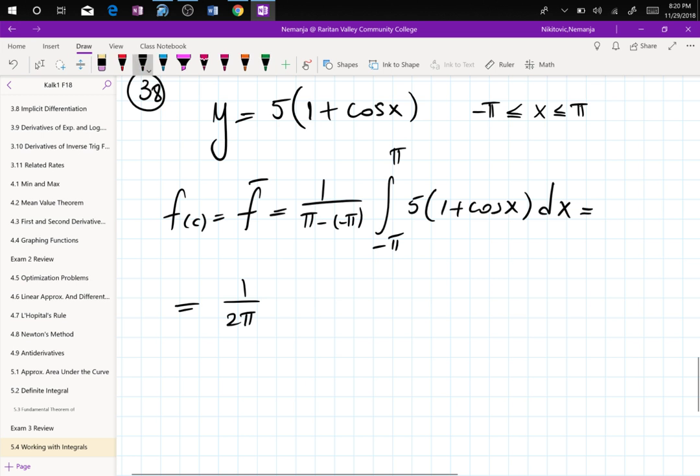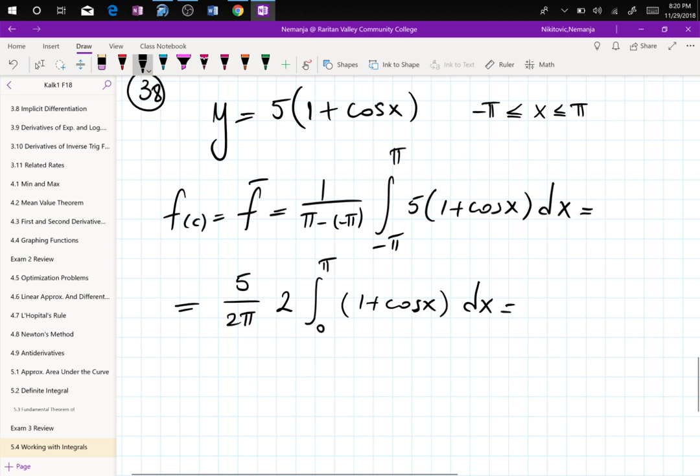Now I'm going to kick this 5 out, so that's 5 over 2 pi. And note what I have, 1 plus cosine. Hey, that's even, right? So I can have another 2, and then calculate from 0 to pi rather than negative pi to pi. And I still have my 1 plus cosine x dx to deal with.